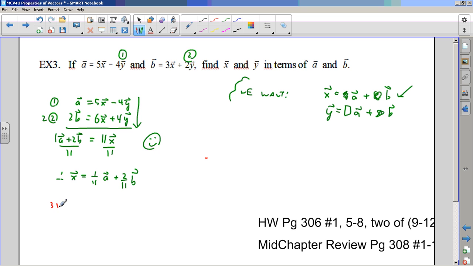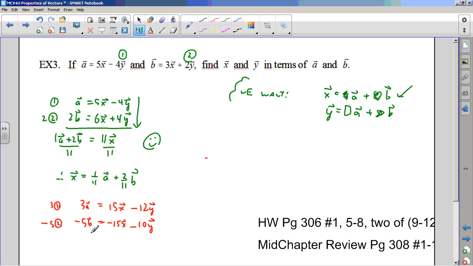I'm going to go 3 times 1, which is 3A, 15x minus 12y. And over here, I'm going to multiply this one. I told you I don't like subtracting, so I'm going to multiply by negative 5. Negative 5B equals negative 15x and negative 10y.